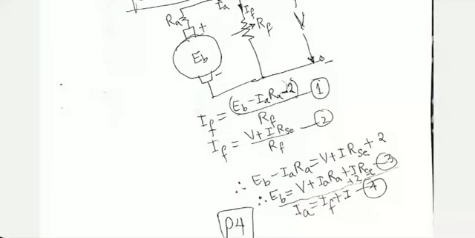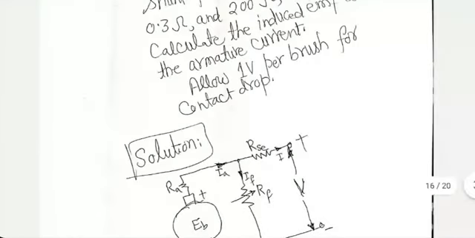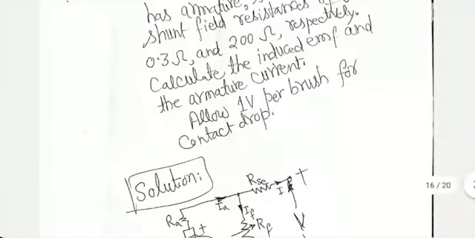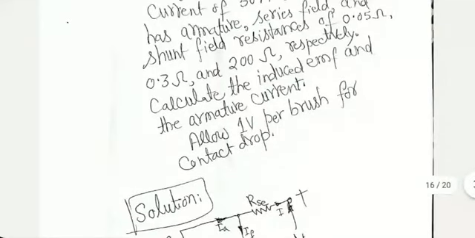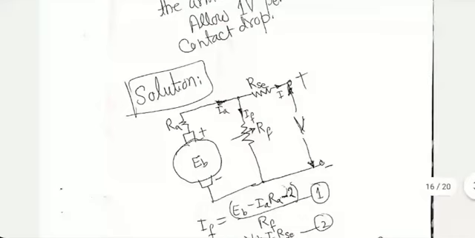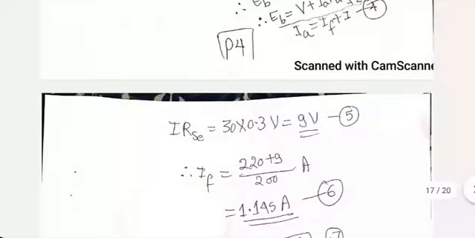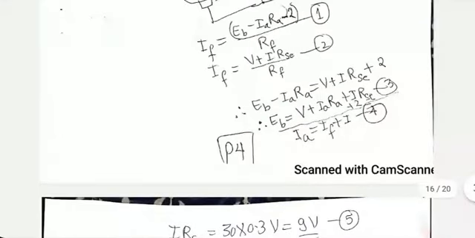Now, one important thing to remember here is that I is known to you. It is 30 amperes. And RSC is also known to you as 0.3 ohm. So multiply the two, you get drop I RSC directly, which is what I've done here. Once you do that, equations are easy to apply because I RSC is known, V is known, RF is known, so IF is easy to figure out.